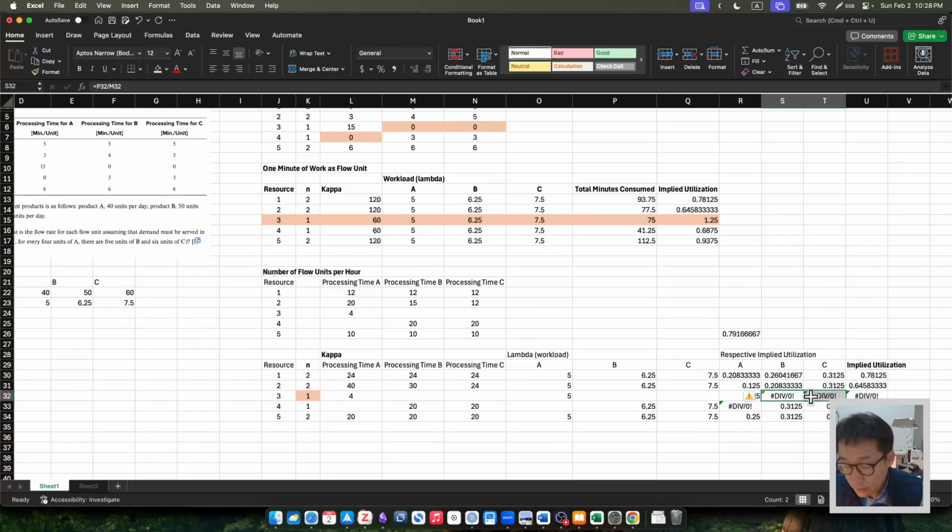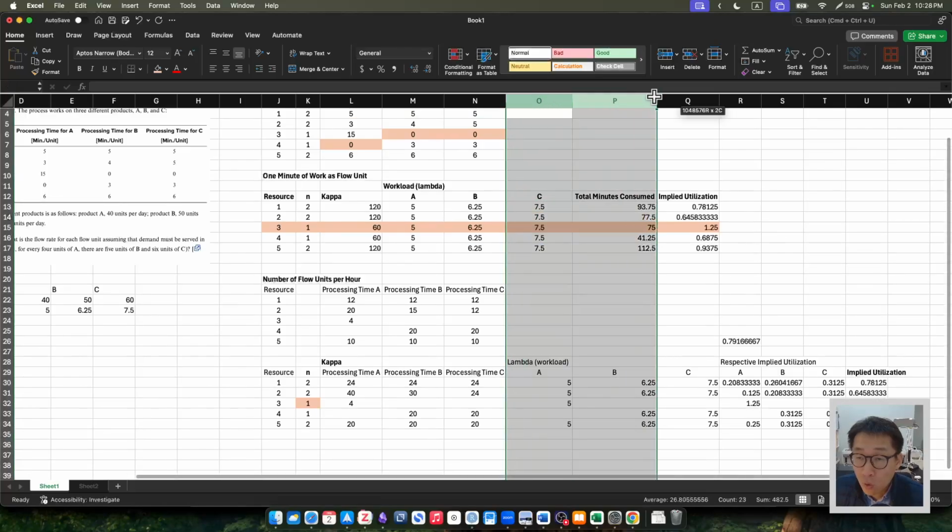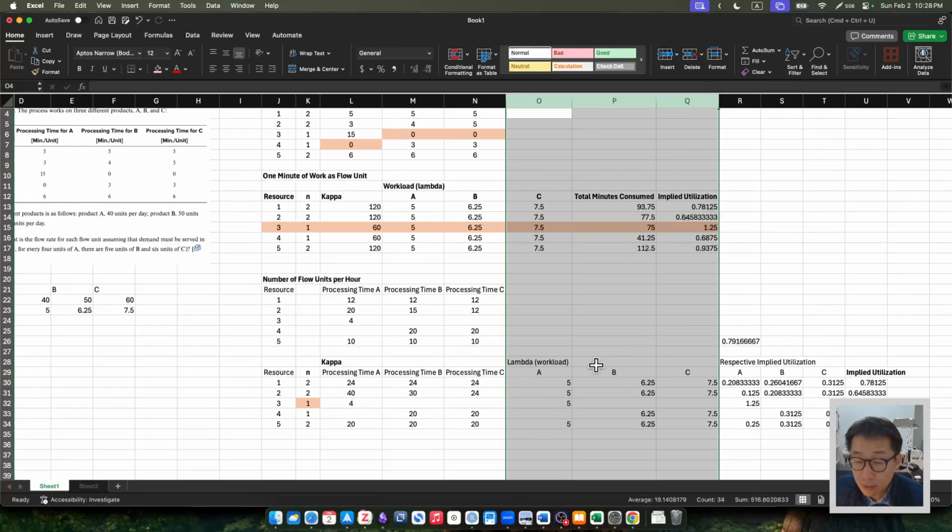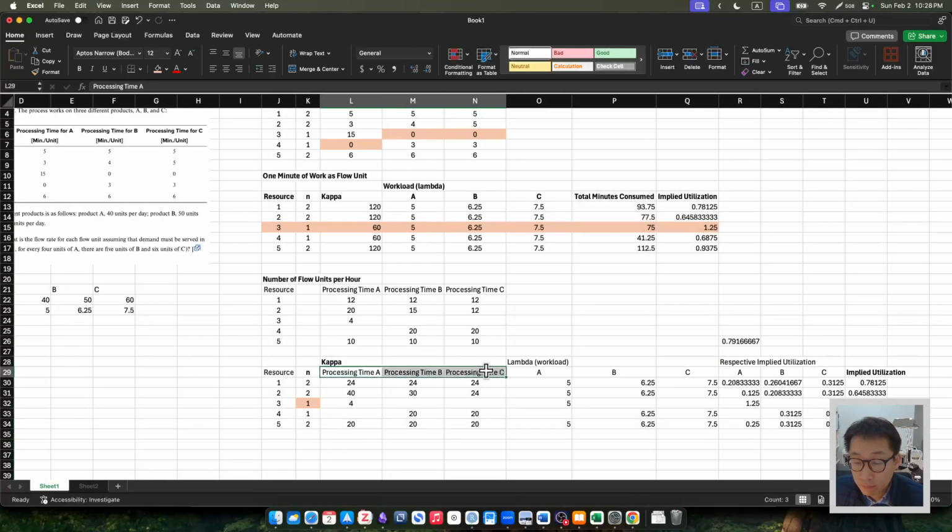Okay, get rid of this, get rid of that. I think we have obtained an identical result in here. So it's the relationship between this part and this part, and how they are translating into this part, that requires you to think a little bit.